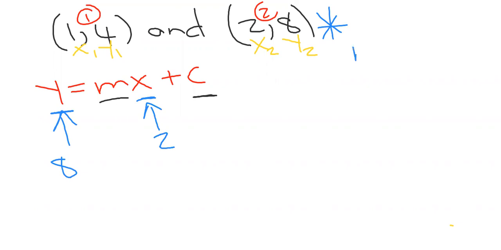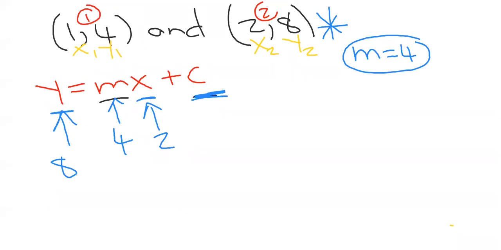Then remember the gradient that you got is 4, so you have a 4 here. The only thing that you don't have is the c.